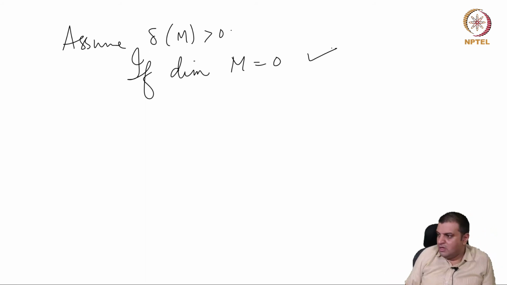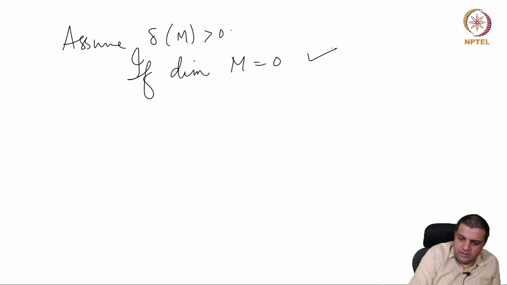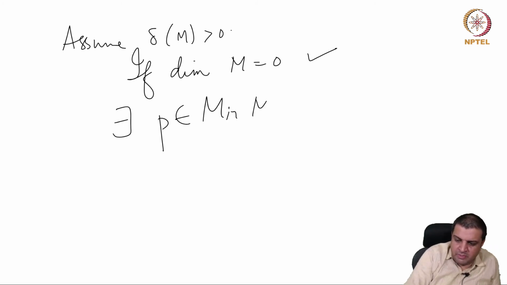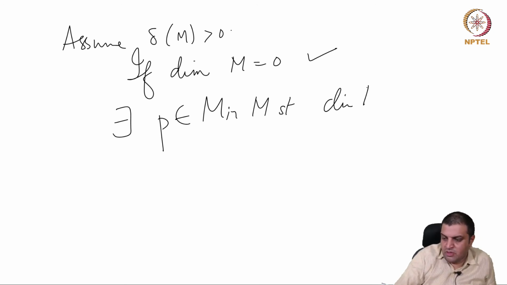If it is not, then notice that there exists P inside the minimal primes of M such that the dimension of M equals the dimension of R mod P.